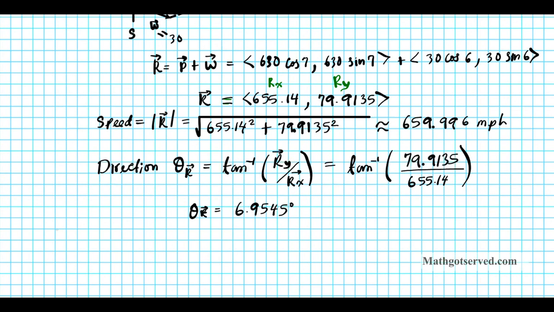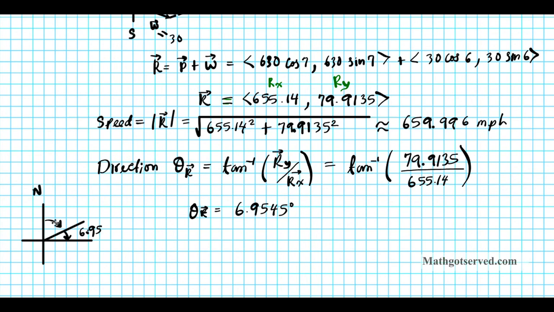Okay, so if we wanted to describe the vector as a rotation from the northward direction, let's say your direction is 6.95 degrees, and if I wanted to use bearing, this is 6.95 from the east. Now, if I wanted to describe this from a north standpoint, how many degrees of rotation from the north is it?